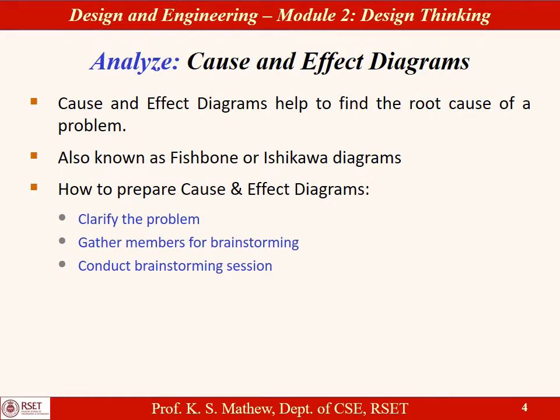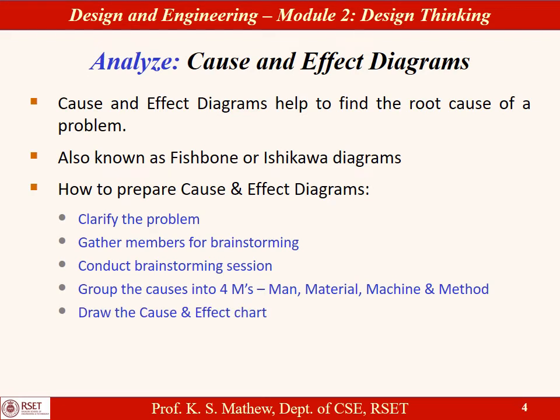You need to conduct a brainstorming session among the team members to identify the possible causes of the problem. Once you get possible causes from the members, you need to categorize them into 4 M's: man-related causes, material-related causes, machine-related causes, and method-related causes, and draw the cause and effect diagram showing all these causes in different bones of a fish.